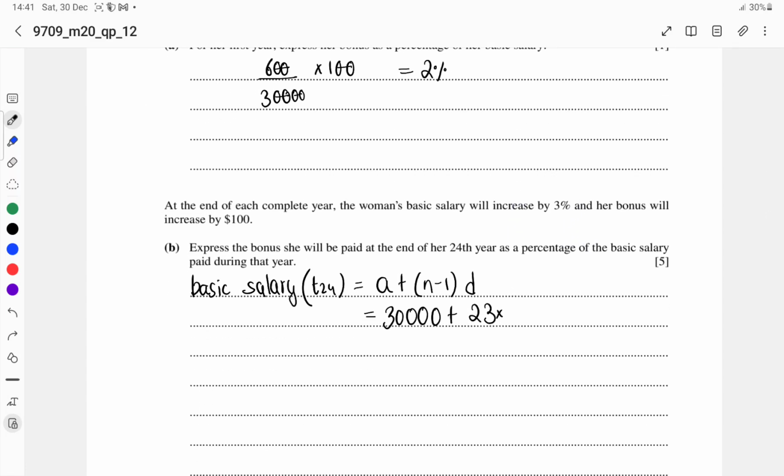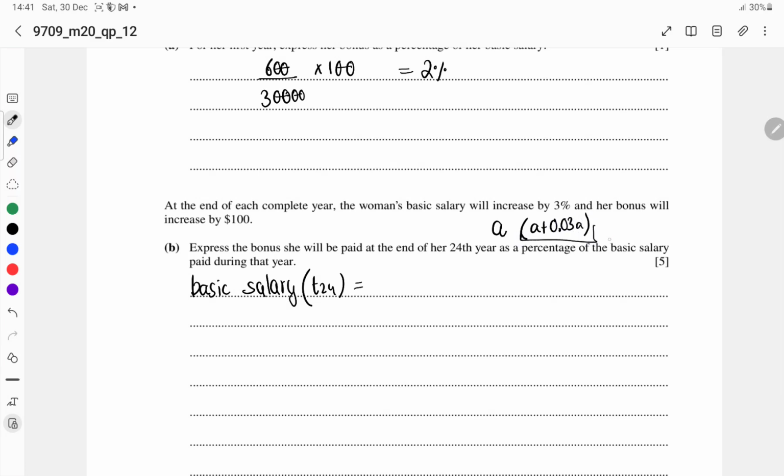not this way. It's a geometric progression, right? So we cannot do it this way, because since it increases by 3% every year, it is with respect to the previous year, right? So let's say this was the first term, then it will be increased by 3%. So it's going to be a plus 3%, which means 0.03a.